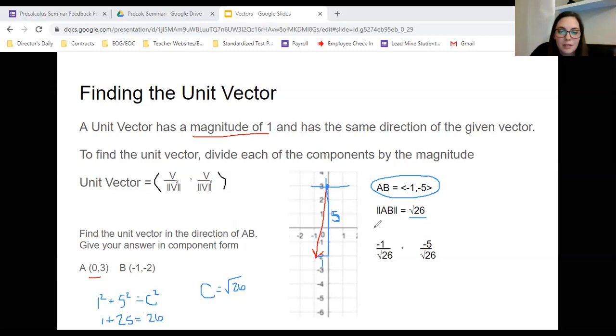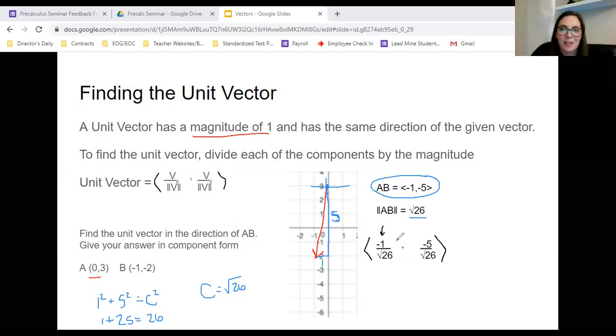So to find the unit vector, I'm going to take my x component right here, -1, and divide it by the square root of 26. I'm going to take my y component, my -5, divide that by the square root of 26. Now this answer is okay.